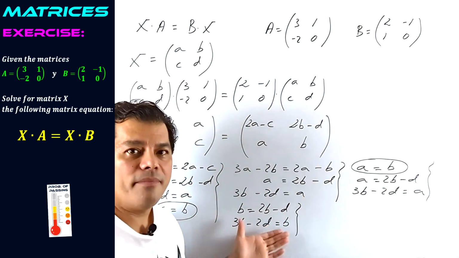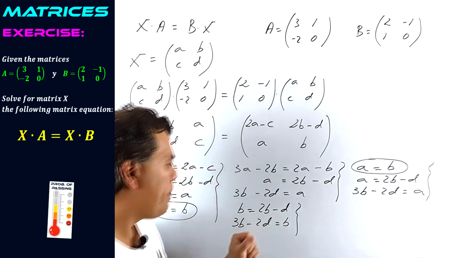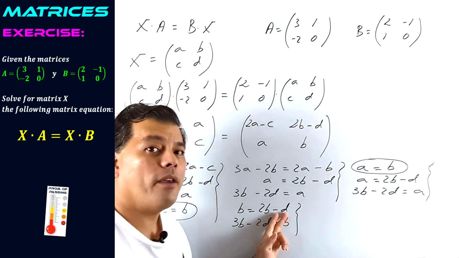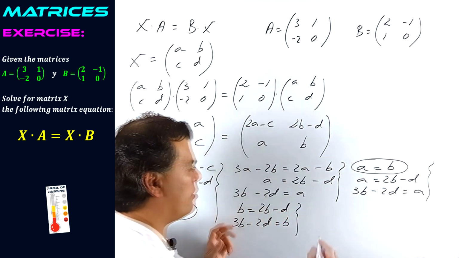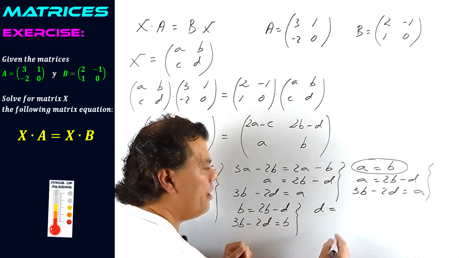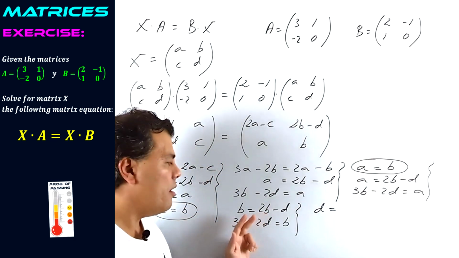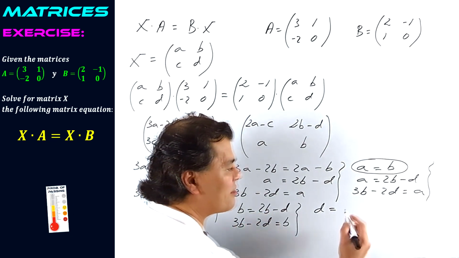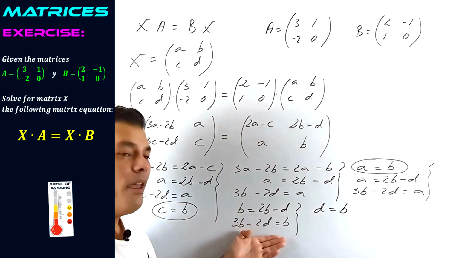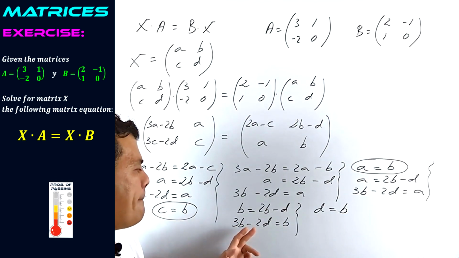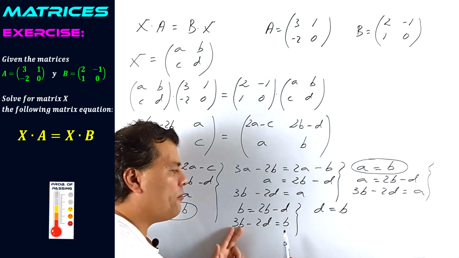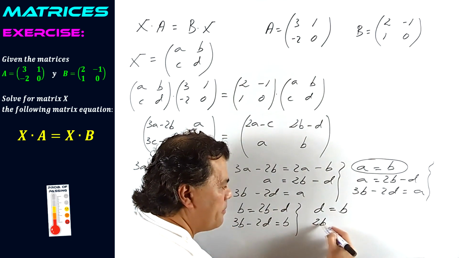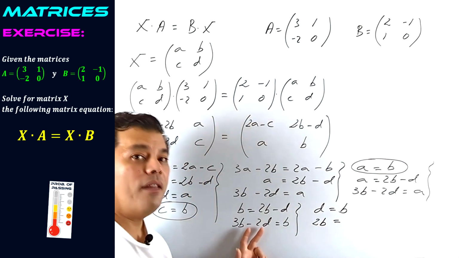And now let's clean these two equations. Well, I can see that here you can find negative D. Why don't we fly it to the left? D equals 2B minus B. 2B minus B, that is B. And here, let's do 3B minus B, that is 2B, equals negative 2D.